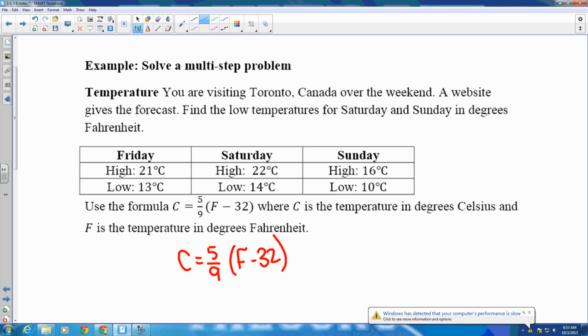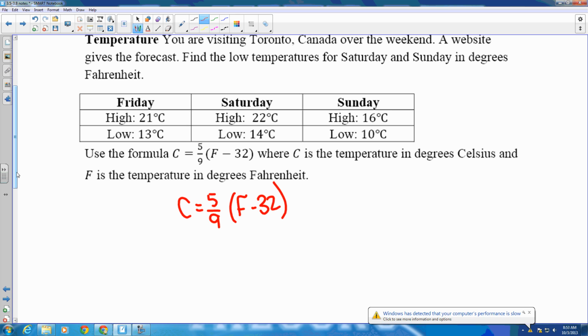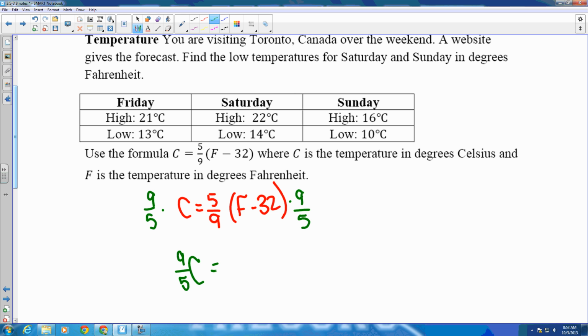You can either multiply that 5/9 into our parentheses, which I think is going to be more tedious, or you can just multiply by 9/5 right away to get rid of our fractions. So on the left side we have 9/5 C equals F minus 32. We're going to add 32 to both sides to get the F alone. And we're done. 9/5 C plus 32.